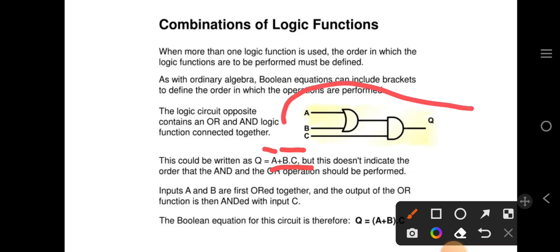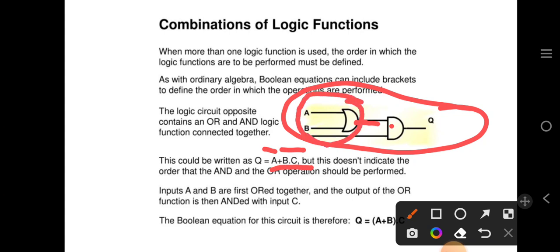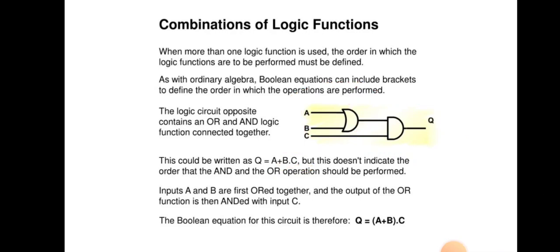But if you are given this circuit, then you can get a clear idea, as the input of the AND gate is nothing but the output of the OR gate. So it must be clear that you have to perform first the OR operation and then the AND operation. So this logic you can develop only by using this circuit. You cannot get this idea from this equation.